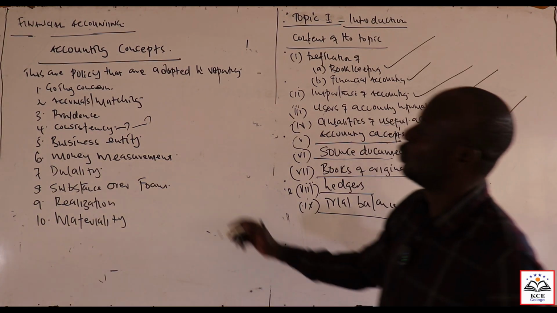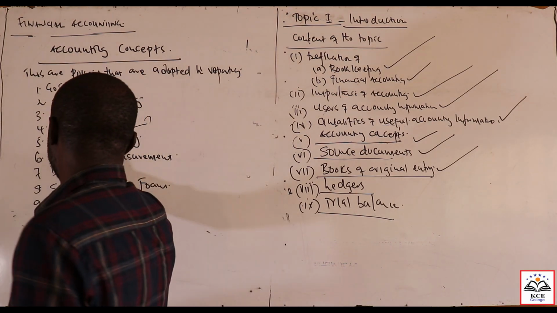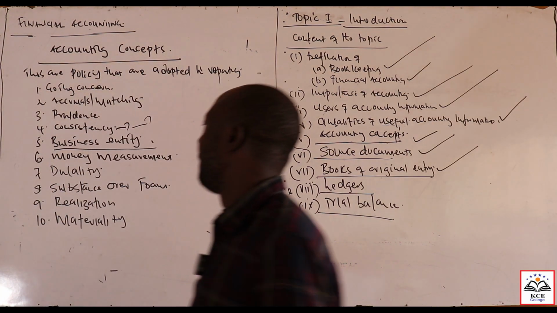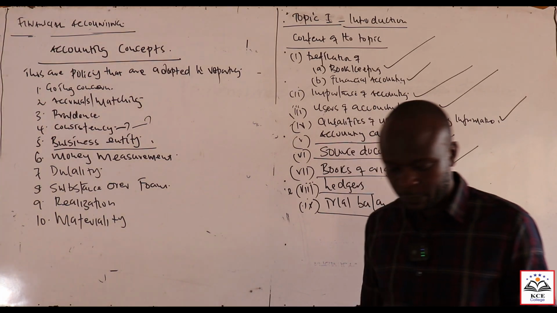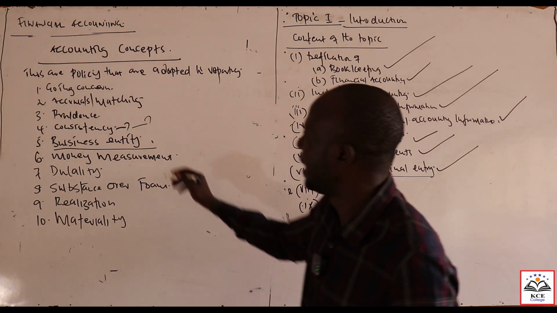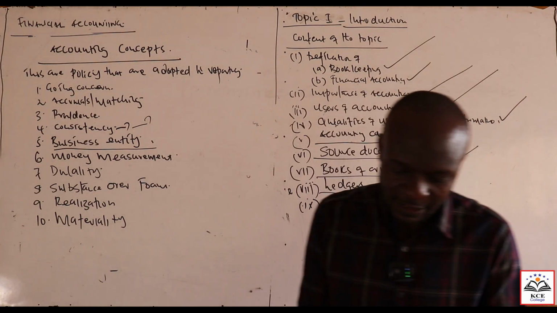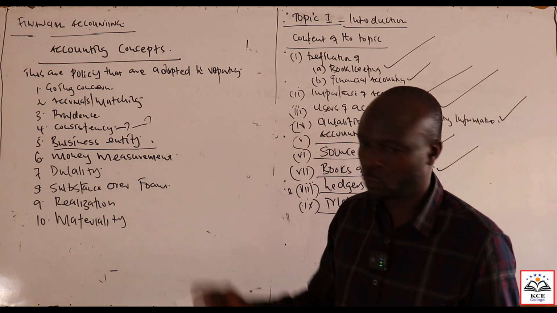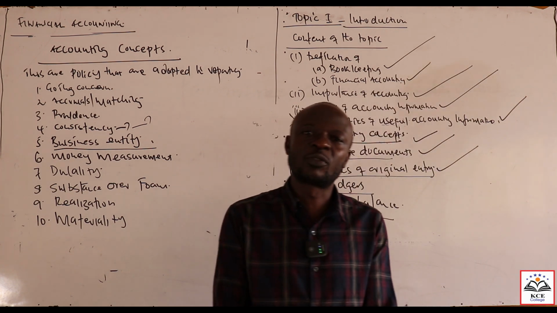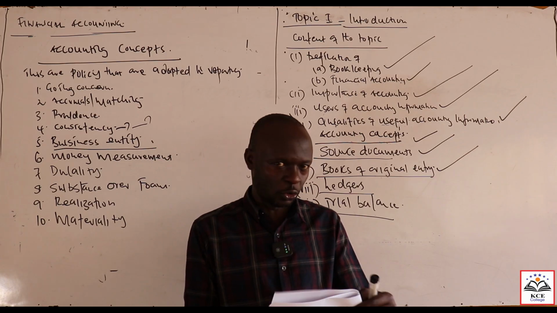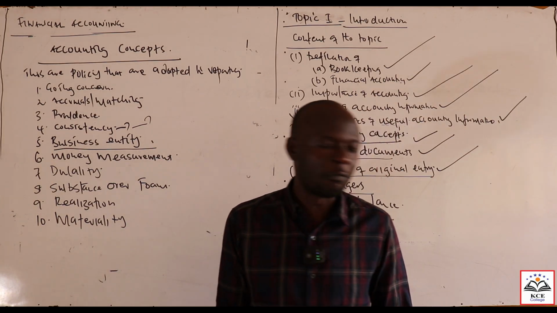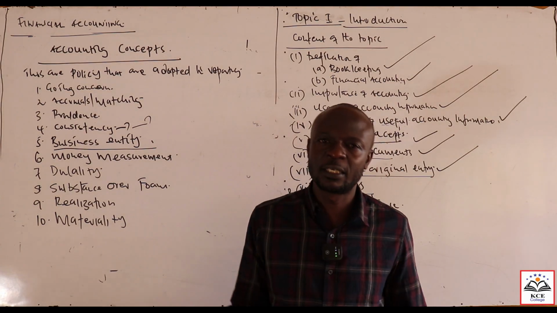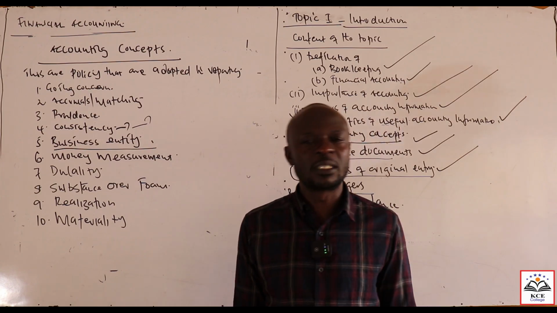And then we go to this other concept. We call it business entity. This means that there should be separation between business transactions and private transactions. There should be no mixture of private affairs and business affairs.